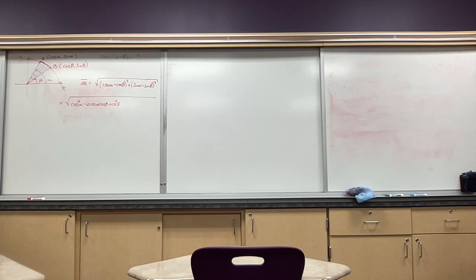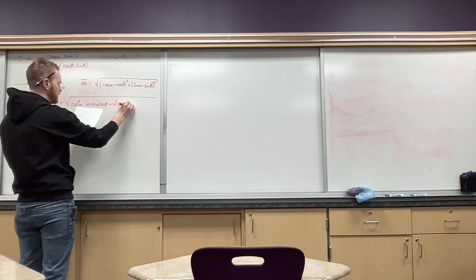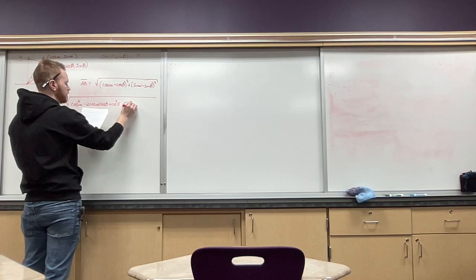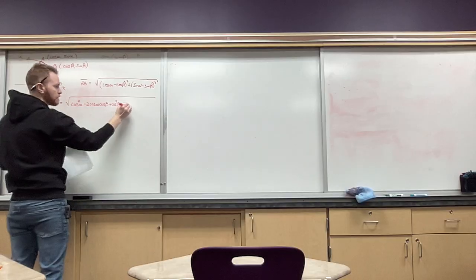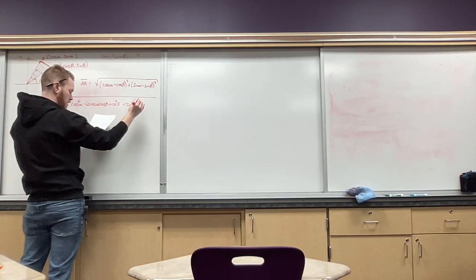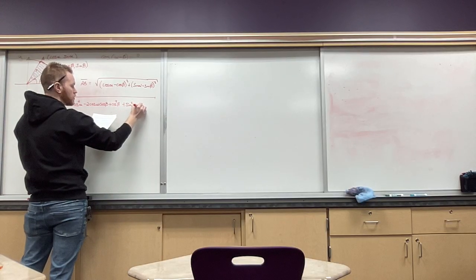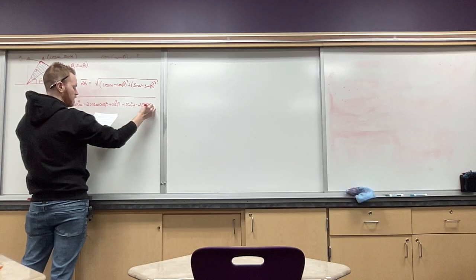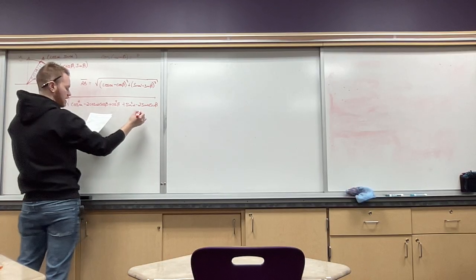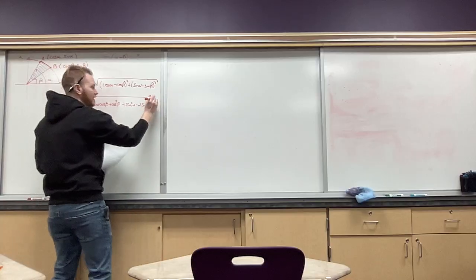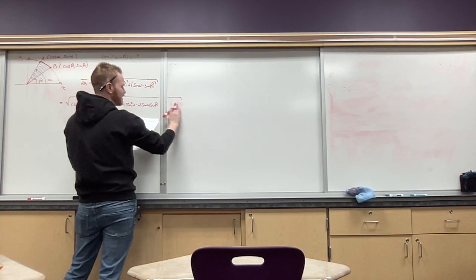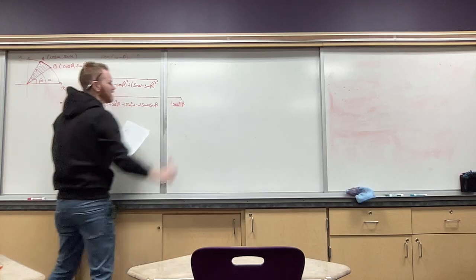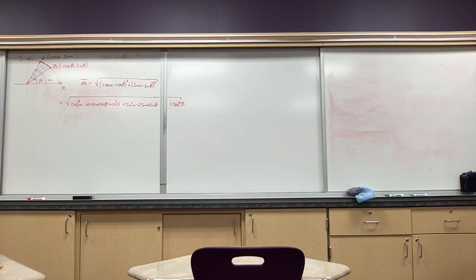The second set follows the same pattern, just with sines. So sine squared of alpha minus 2 sine of alpha sine of beta, plus sine squared of beta. There it is. It works.